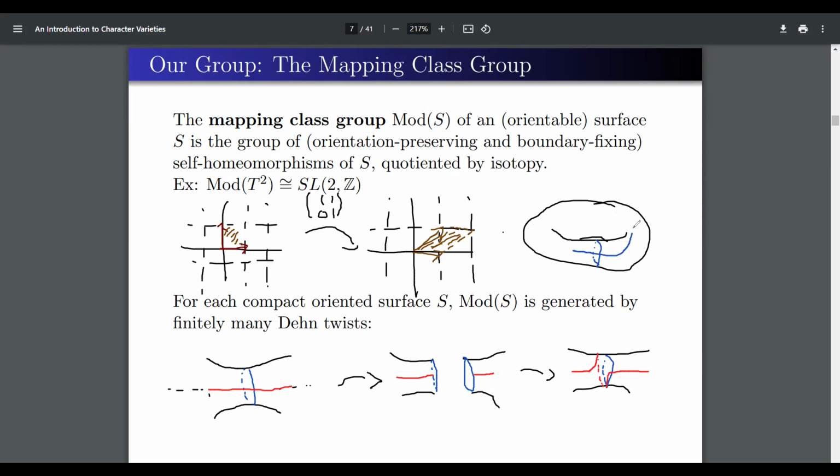And then the other Dehn twist needed to generate the mapping class group is this one. The two matrices being 1, 1, 0, 1 and 1, 0, 1, 1. And these generate SL2Z.